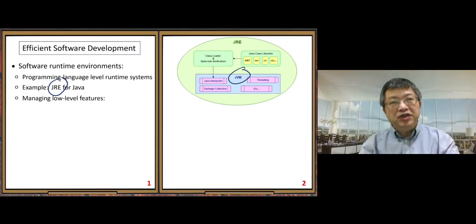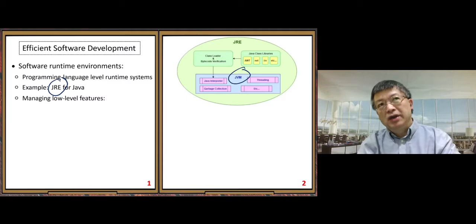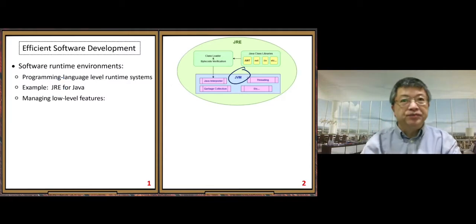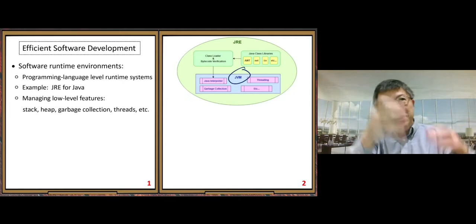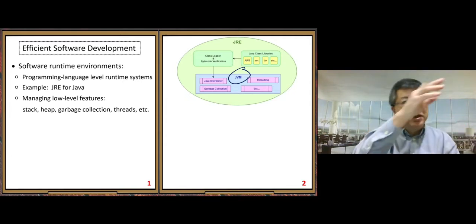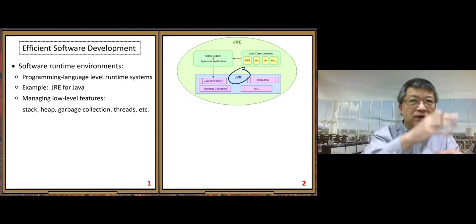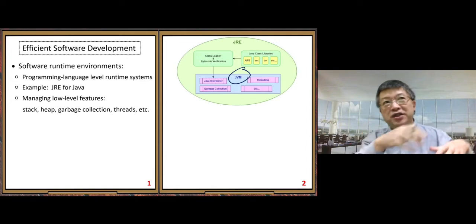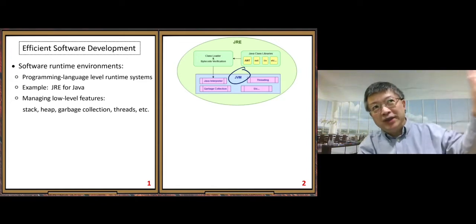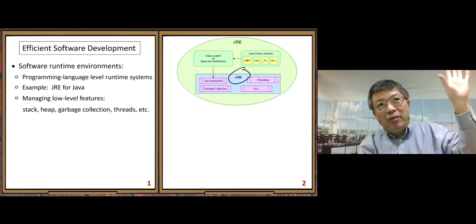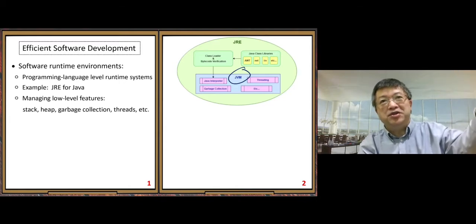What kind of low-level features? Here, let me give you some examples. Stack, heap, so inside memory, so functions, implemented recursive functions, you need to use stack, right? But here I don't want to get into the operating system details too much.